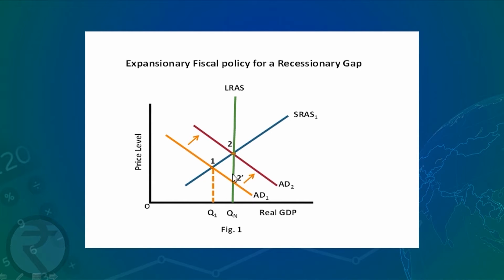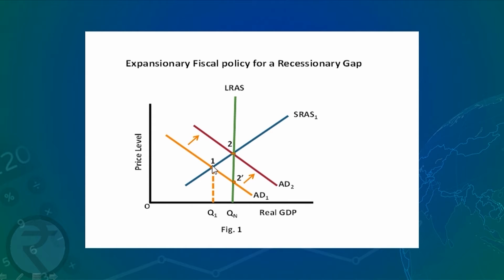So, the government adopts expansionary fiscal policy by means of increasing expenditure in the economy and reducing the tax rates, because whenever public expenditure is done, it leads to a multiple rise in income of the economy, and with rise in income people will demand more goods and services, consumption will rise.